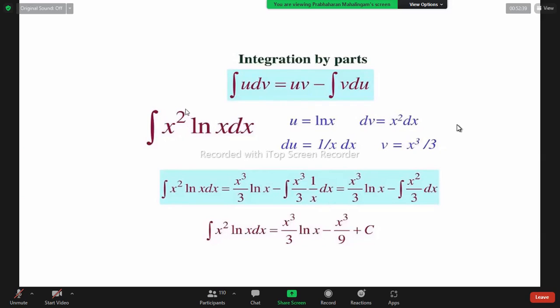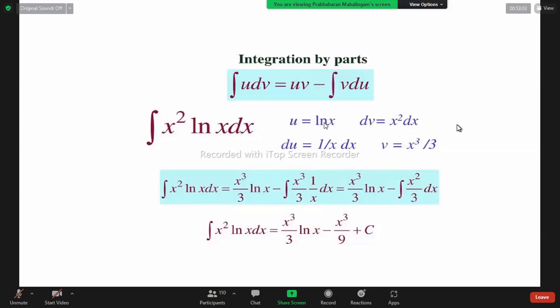It is not compulsory that u is x square. Whatever these two compounds are, one is x square, one is ln x. Which one is u, which one is dv, you decide yourself. There is no rule in integration. That is why they told u is ln x.